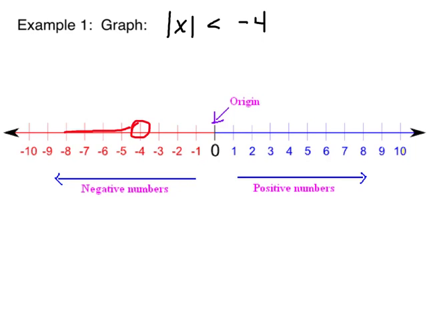But none of these numbers are going to satisfy that as being less than negative 4 when you're talking about absolute value, because if you go the traditional less than way, you're getting further and further from negative 4. So in this case, we're going to say that there is no solution, or that it is an empty set, a null set. You can also write it like this: there is no solution.